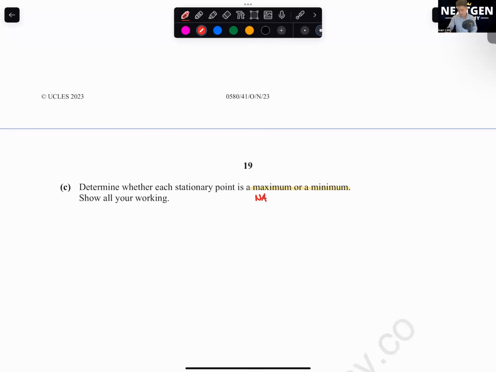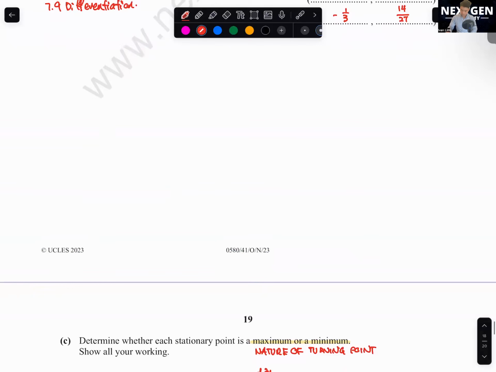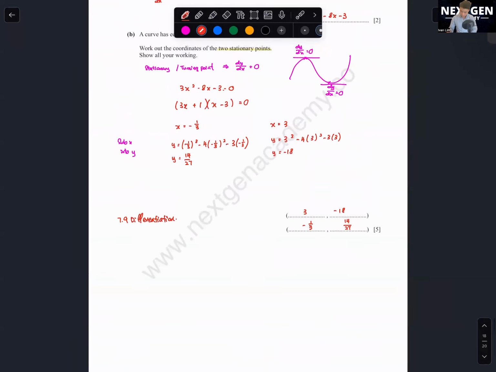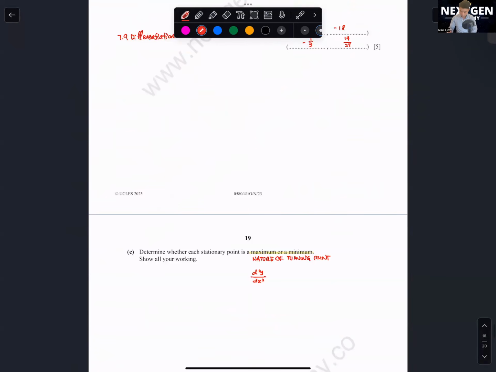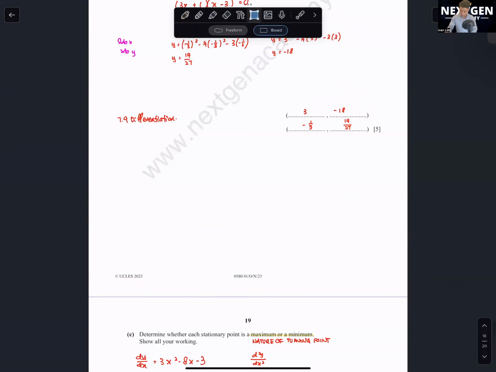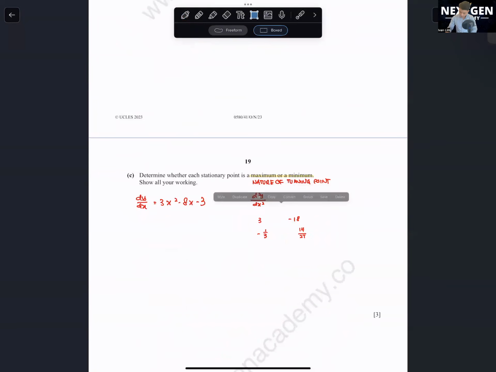They ask how to check whether it's maximum or minimum. This is under the nature of turning point or stationary point. You check d squared y over dx squared. That means you're going to differentiate it once more. So just now we have dy over dx, which is 3x squared minus 8x minus 3, and I've got these points here that I found just now.